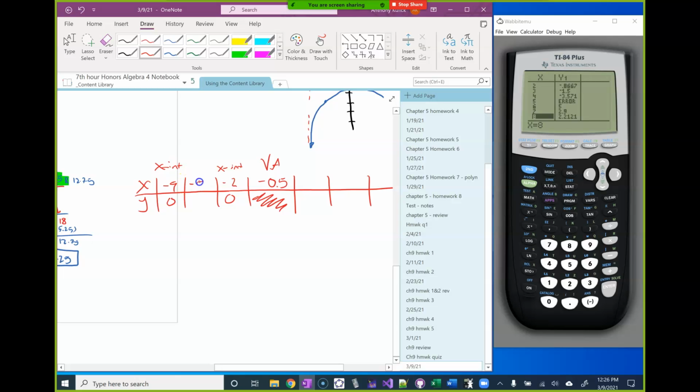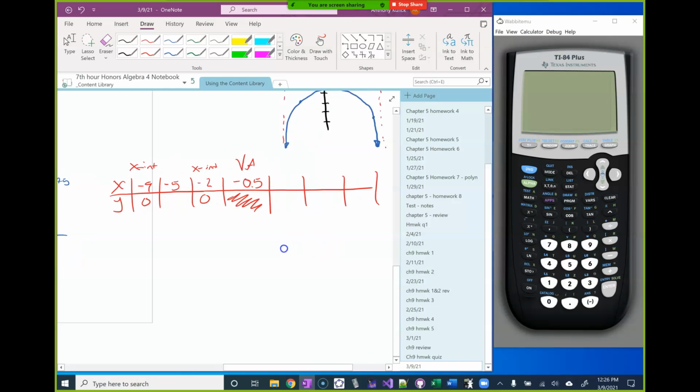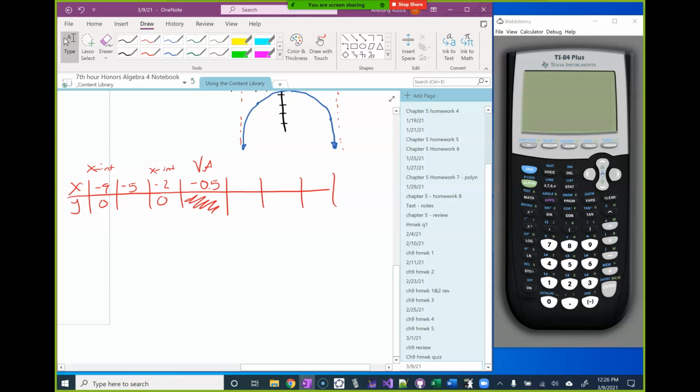Now, from experience, I know to get the opposite side of this to turn out really nicely, I'm going to pick my values so that they're kind of symmetric. So you see how the distance between these 2 points is like -1.5? I'm going to do the same thing here. So I'm going to pick +1 there, which is like 1.5 away.